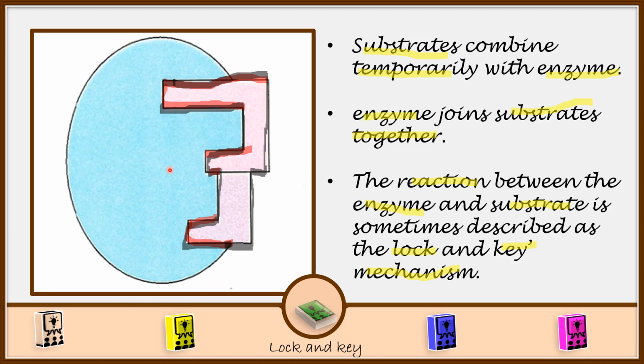So you bring the key, you push it into the lock. So this reaction, whereby the enzyme is combining with the substrate, is in most cases described as the lock and key mechanism.